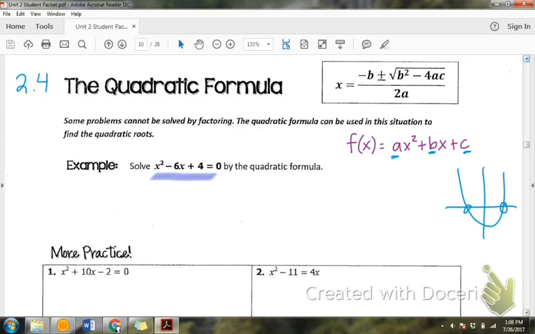The first thing we're going to do over here is label what our A is, what our B is, and what our C is. Off to the side, I know that A is 1 because that's the number in front of x squared. B is negative 6, and C is 4.